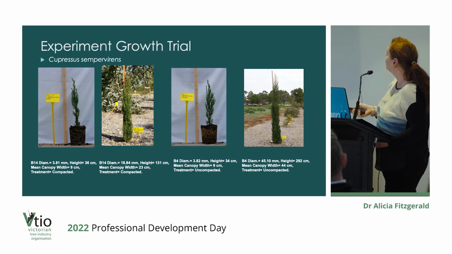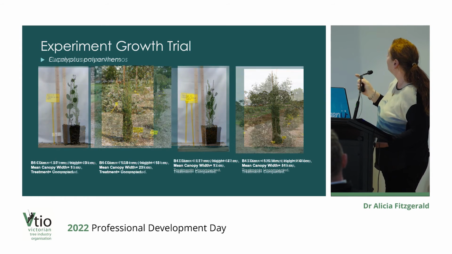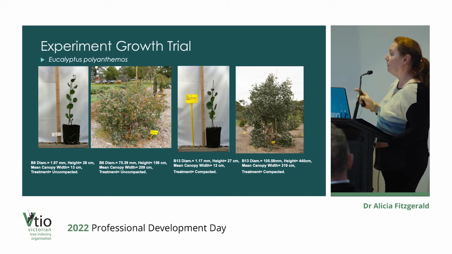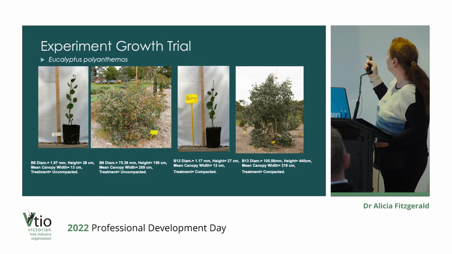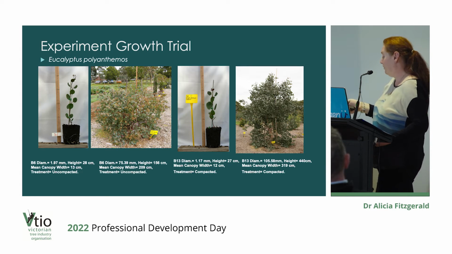So for the Cupressus, the worst specimen was in compacted soil, and the best specimen was in uncompacted soil, and that grew almost 3 metres. So for the eucalyptus, it tended to have quite a wide canopy width for most of the specimens, rather than tall. So again, the best specimen was in compacted soil.